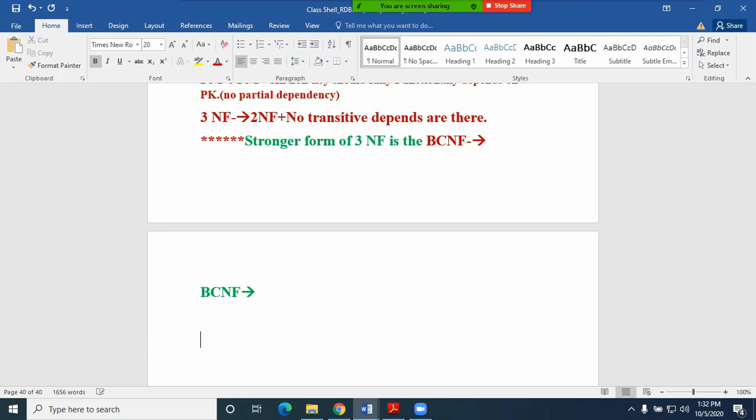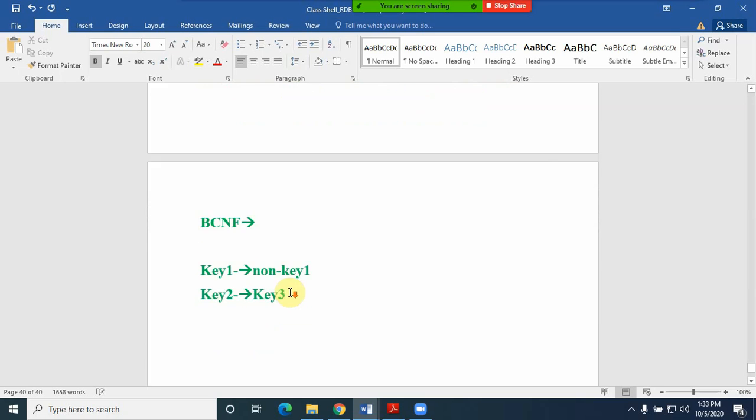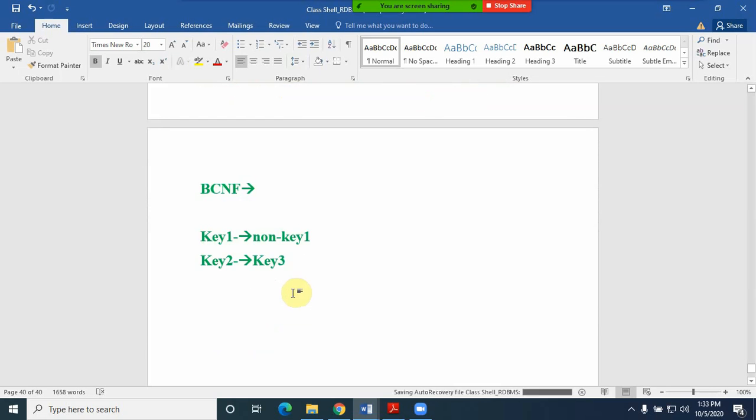Observe here, friends, I am having key 1 here which is generating a non-key, it is acceptable, and we are having key 2 which is generating key 3, which is also acceptable because both have the eligibility of generating unique records. Now observe here, friends, a non-key is generating key 4, which is very dangerous and should not be.